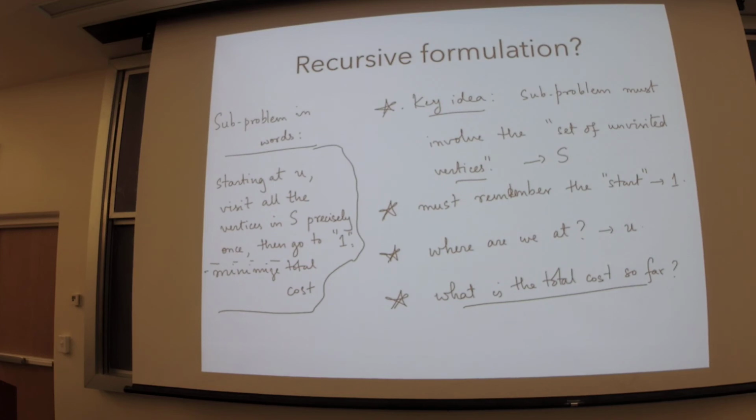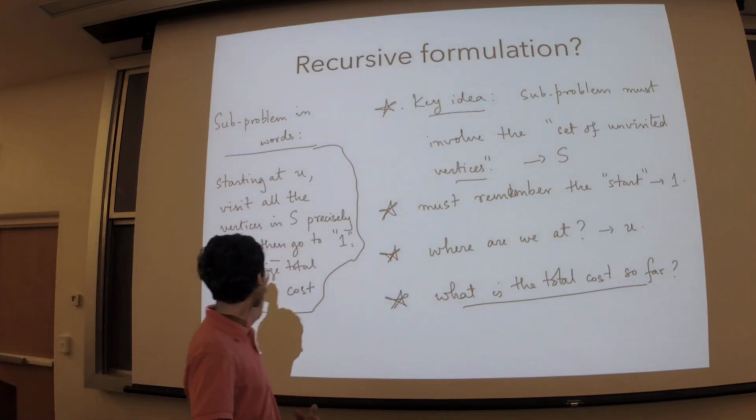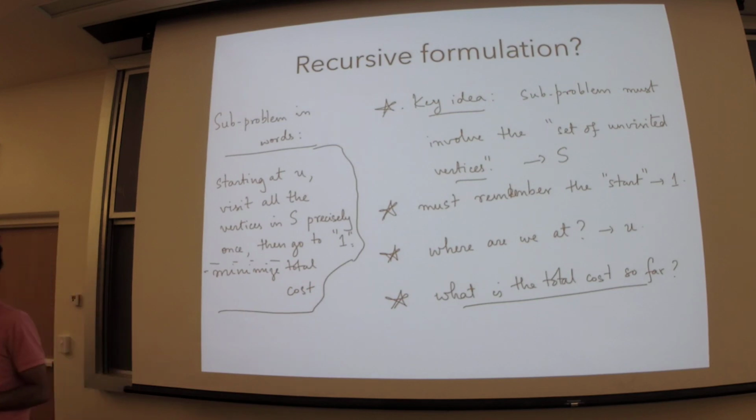In this formulation I have only used U and S. I have also not used this cost, hoping that it will somehow show up naturally in the recursive procedure. But these two you definitely need to keep track of: things that you visited, and where you are. Because where you are is somehow a function of the history, and we don't know.